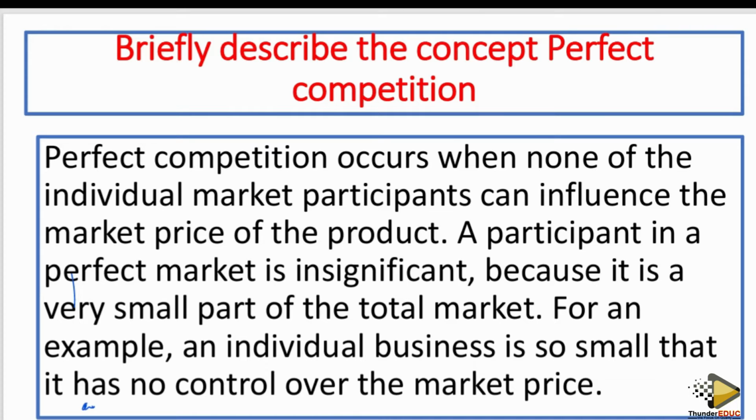Okay, right. So here, briefly describe the concept of perfect competition. As I did give you the summary on perfect competition, I'm going to go deeper in depth so that we can understand what perfect competition entails. It says that perfect competition occurs when none of the individual market participants can influence the market price of the product.